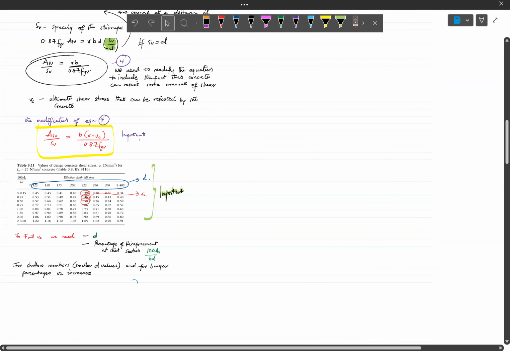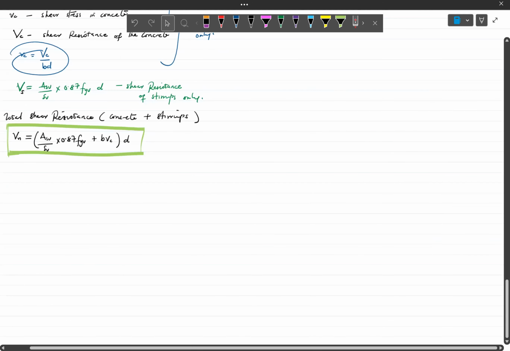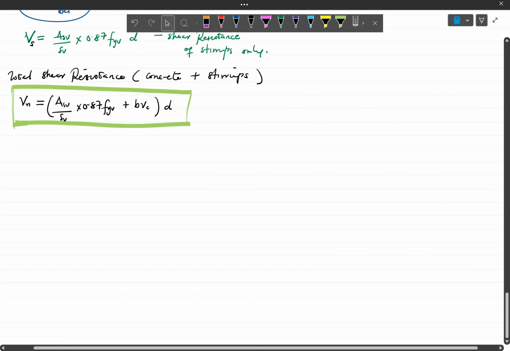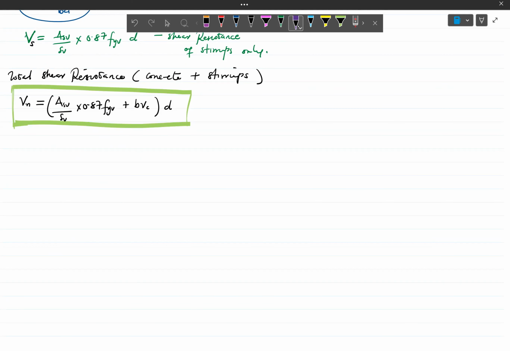So let's look at a typical example of stirrups, just how they look. In general, this is how stirrups look.